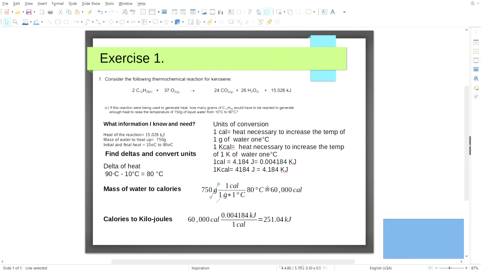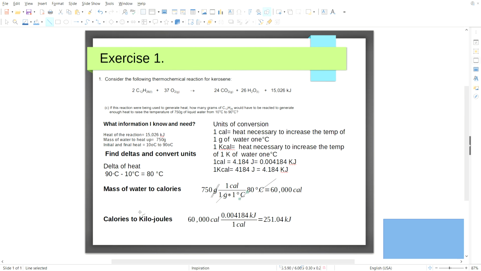And check also that temperature is also being cancelled. Let me move this. Oh my gosh, silly me. Let me correct it. Check that temperature is also being cancelled over here. Temperature and temperature, they are being cancelled. So my final answer is going to be given in calories.